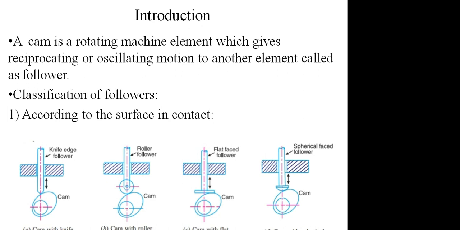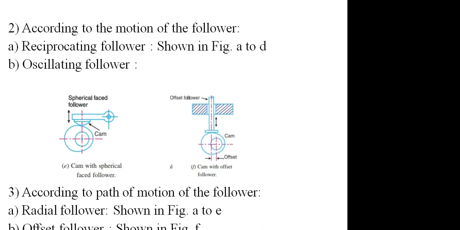Moving further, the second classification of follower is according to the motion of the follower. The first type in this category is the reciprocating follower.